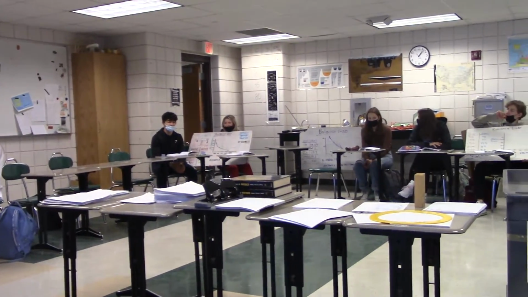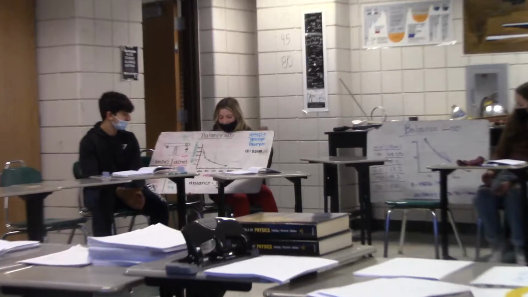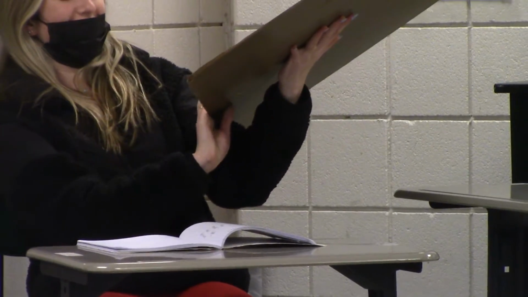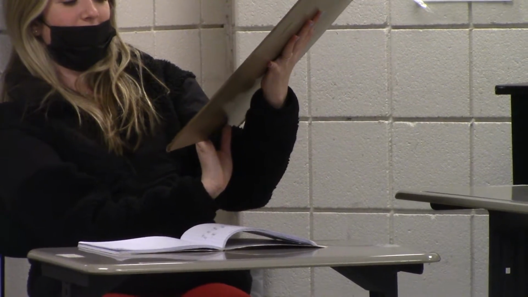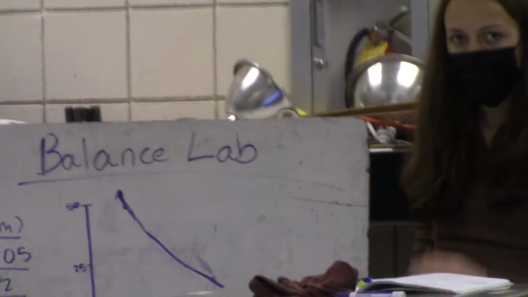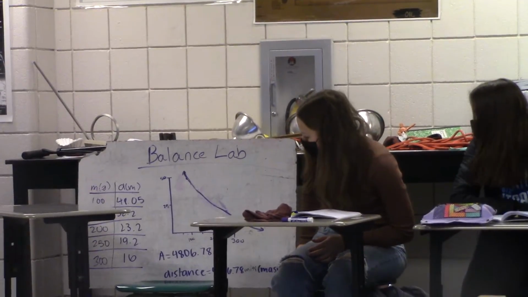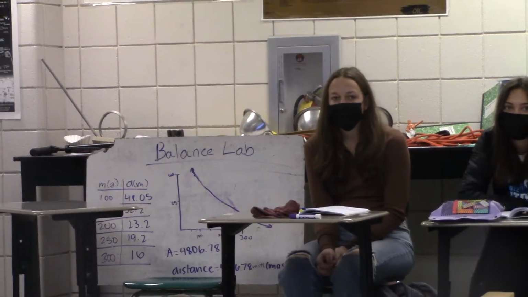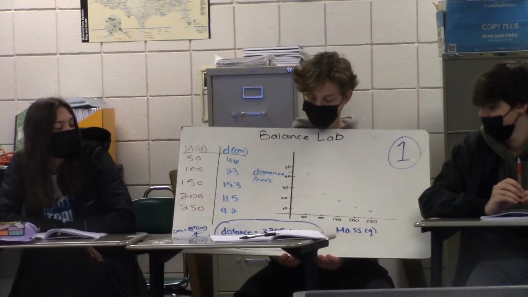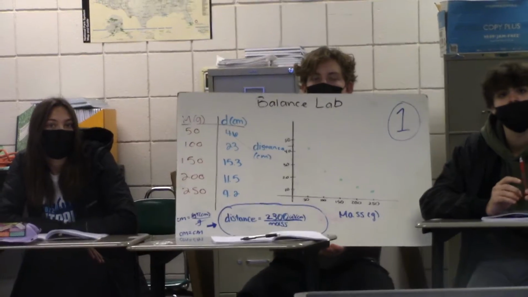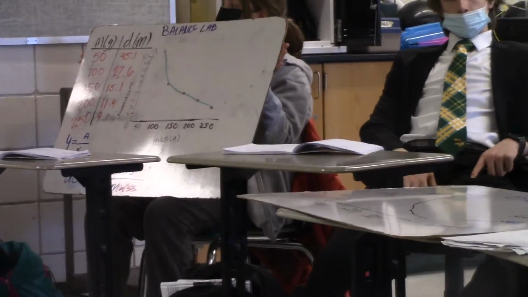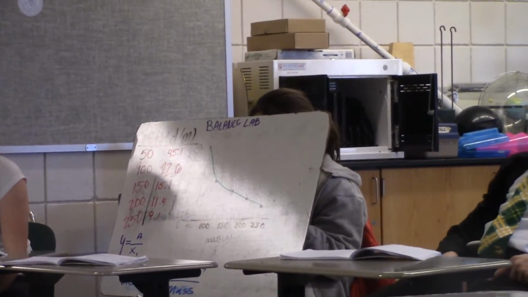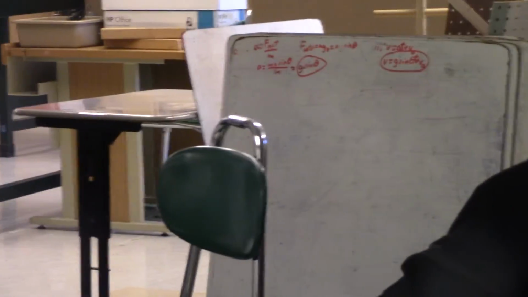Lauren, what's your coefficient number? 8,059. All right. Caitlin? 4,806.78. All right, 4,800. Charlie? We had 2,300. 2,258. And this last one here? 2,982.